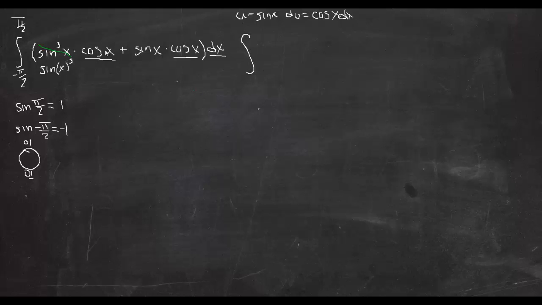Now we can plug in our u. We have u cubed, and we bring our 3 over here. Let's bring over everything since I've already written the integral, and write out each term.